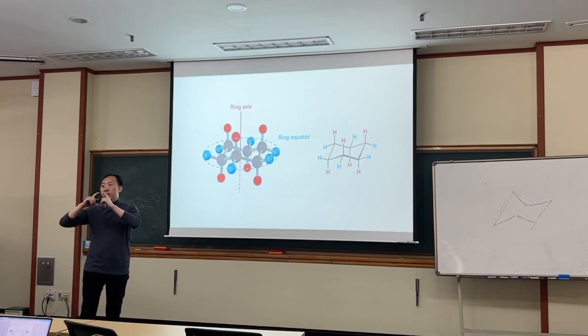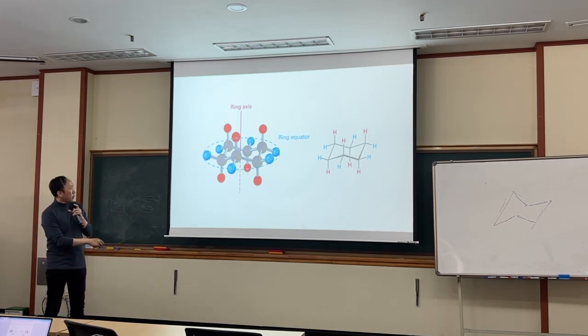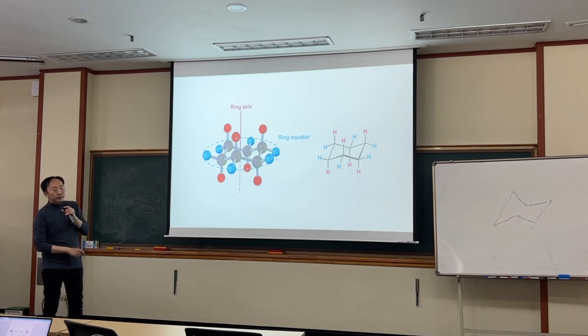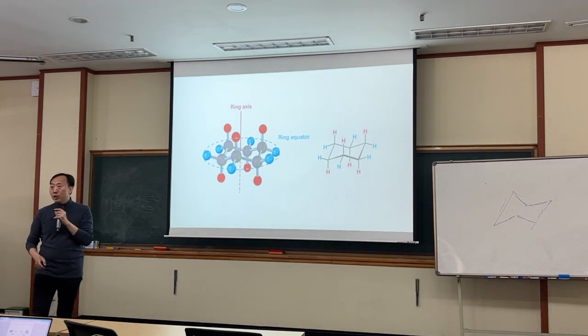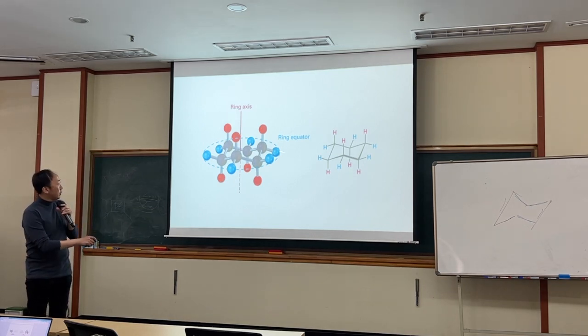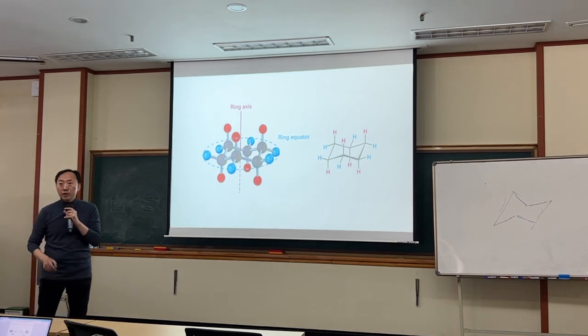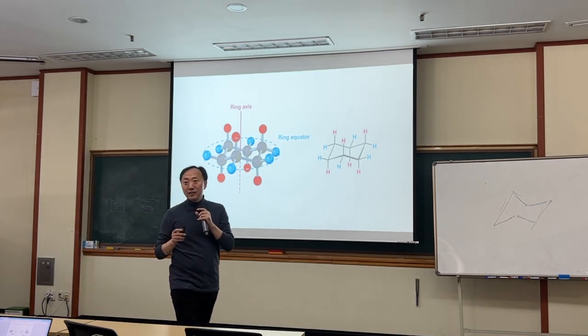So this is the North Pole, this is the Antarctic Pole here, and this is the equator. Then of the 2 protons, one proton is on top here, and the other proton is facing to the outside. Energetically, which one is more stable, do you think? The axial, the red one or the blue one? Which one has less strain? Not clear?